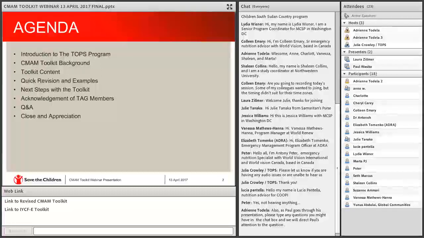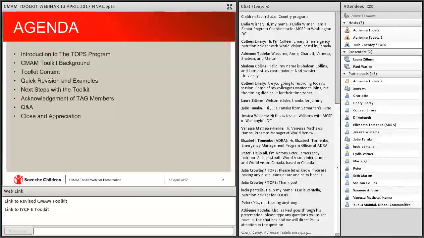I will not go through everything, but we'll pick a few examples of the components of the toolkit that we've revised. And then I will discuss briefly the next steps with the toolkit, in which I'm looking forward to all of you being part of, either as contributors or as users or as ambassadors.